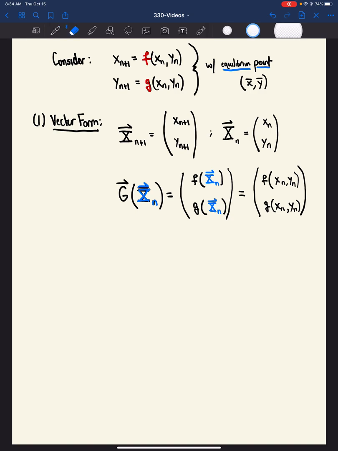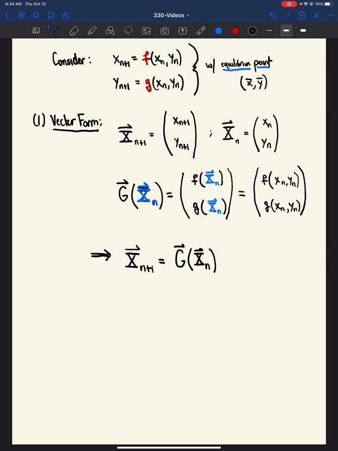So if we write down our equations, what we actually have now is this iterative-looking vector discrete system, where our next iteration values in this compact vector format is equal to that vector function g of our previous iterative values.